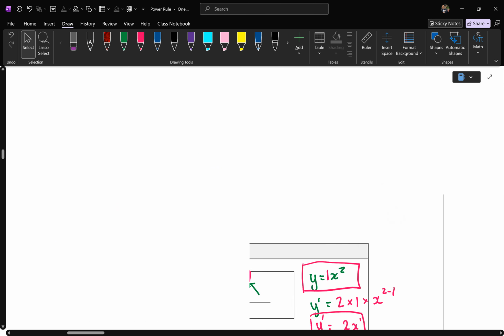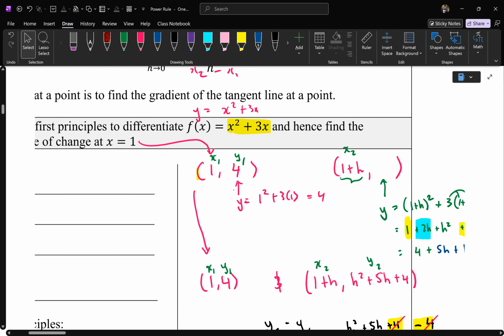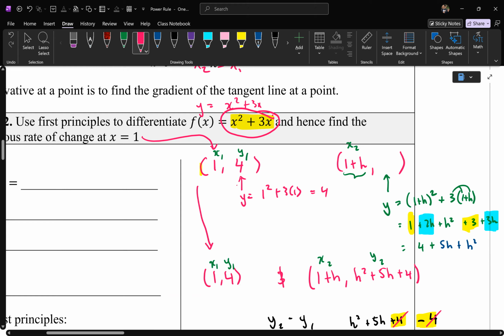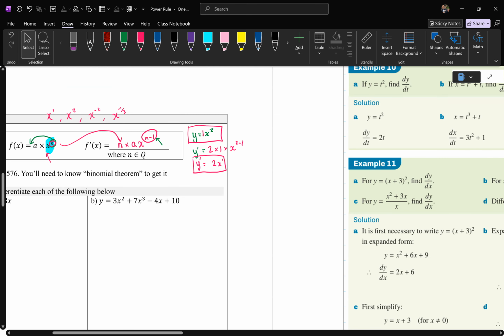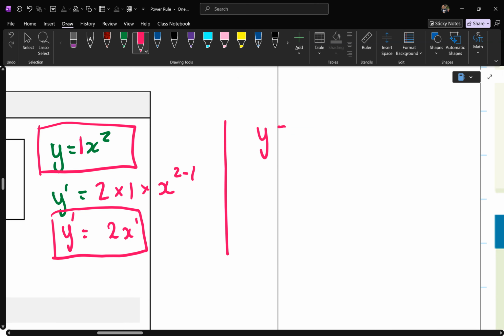Let's go back to our example again. What's our function? It's x squared plus 3x. I'm going to write it on the side so you can see. Actually, I'll use f. F of x is x squared plus 3x.